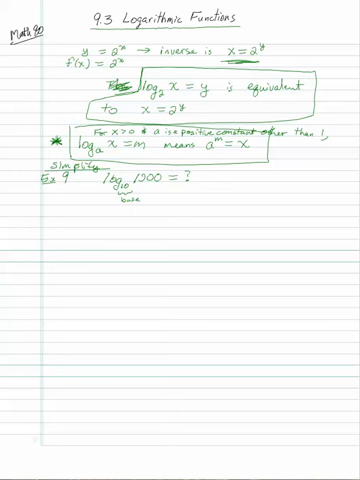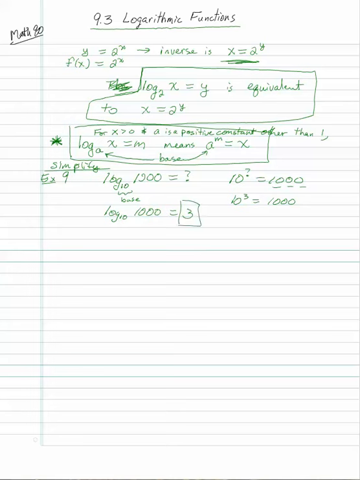A is the base, and m is the exponent. So the base is 10. 10 to what power is 1,000? Well, this is easy. We know that's going to be 3. So 10 to the 3 is 1,000. So log base 10 of 1,000 is equal to 3.